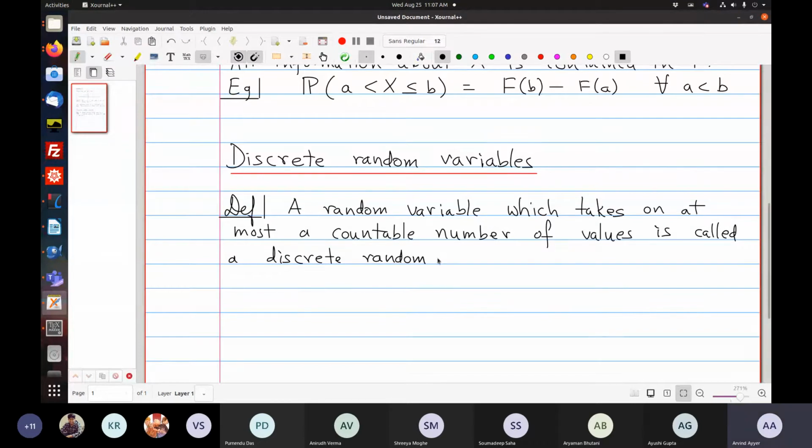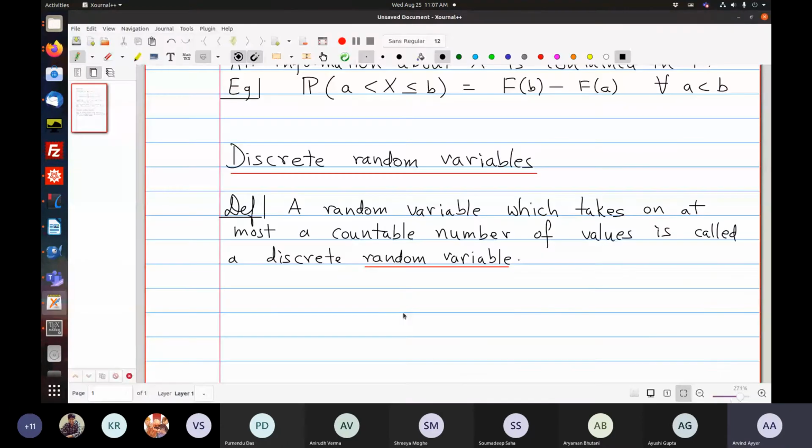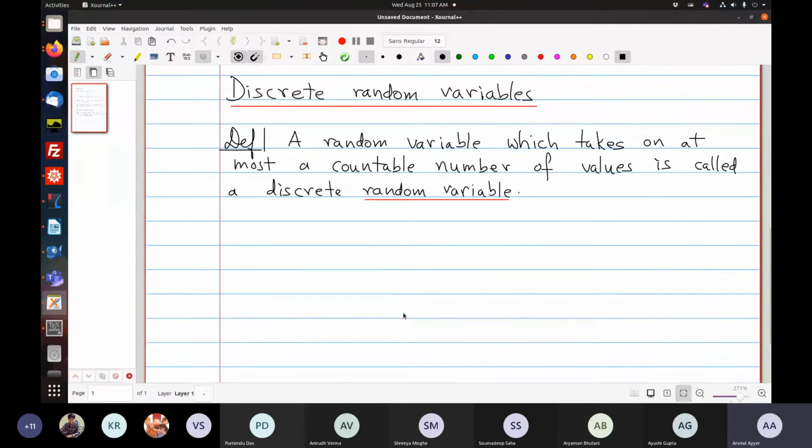I'll usually write RV for random variable, but since this is a definition, I want it to be self-contained. Okay, so many of the examples that we have been playing around with, like coin tosses, dice throws, etc., have all been discrete random variables.